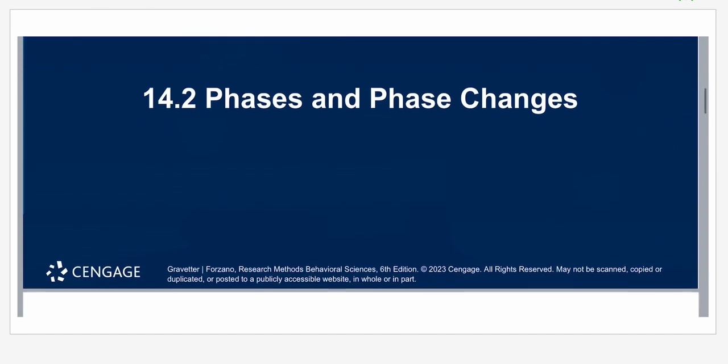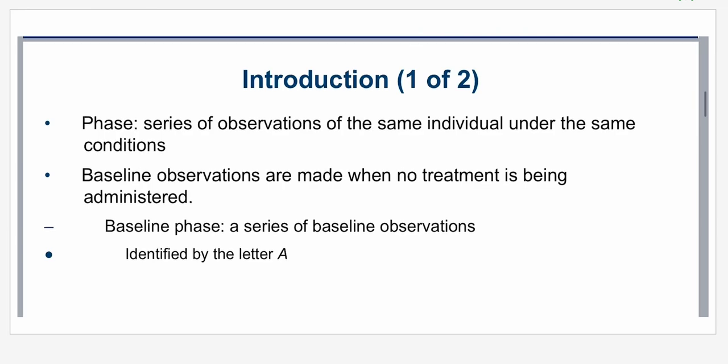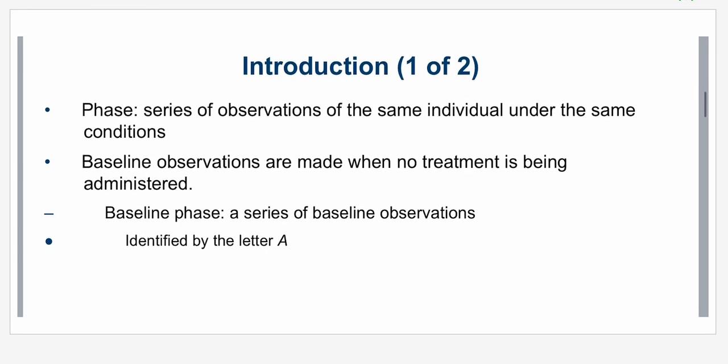Phases are basically the building blocks of this research design. It is a series of observations of the same individual under the same conditions, which you kind of already knew. That's what a single case design involved.